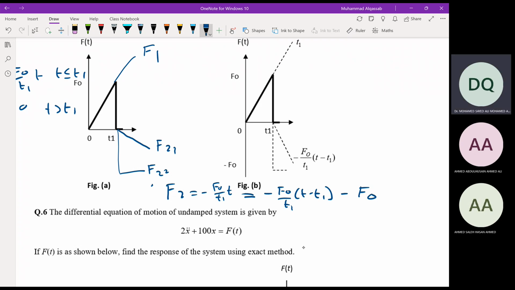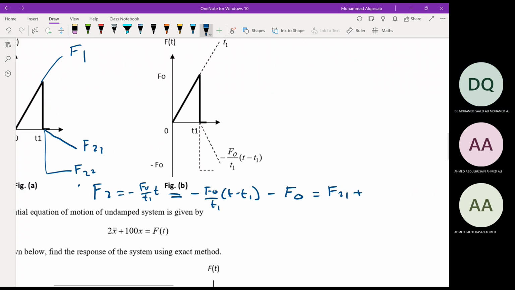If you expand, you will see it is minus F naught over T1 times T. So F2 is made as two functions, F21 plus F22, which is negative rise, and this is a step.